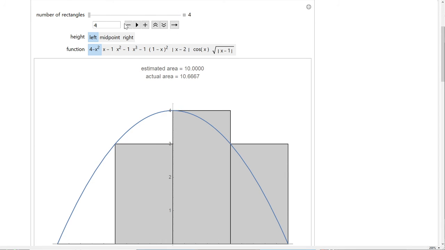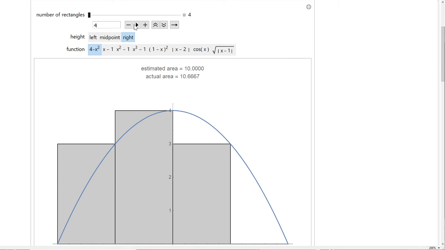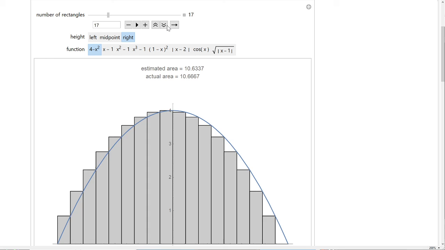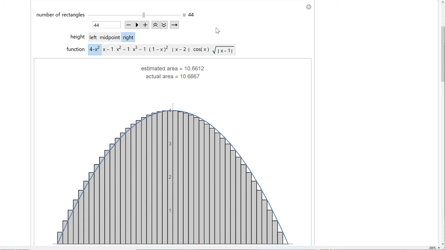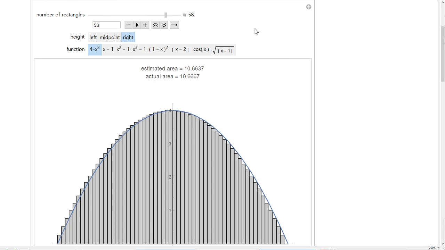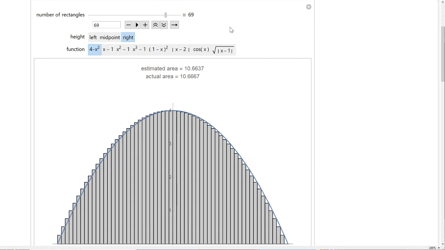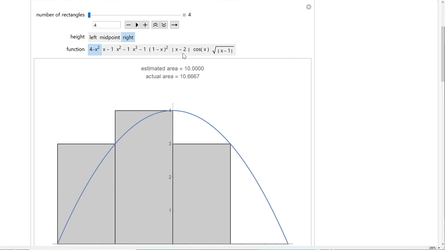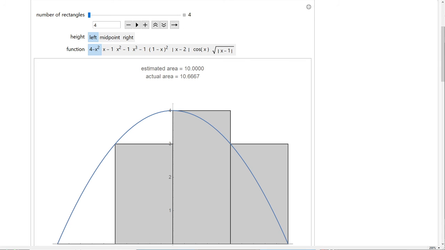And the same is true when we go to, say, the right endpoints. In this case, you'll see it's basically the same picture as with the left endpoints, except it's flipped over. And as I said earlier, that's because this is symmetric. And then it actually turns out the midpoint is slightly better because it avoids stuff like completely flat rectangles like this that have no area.